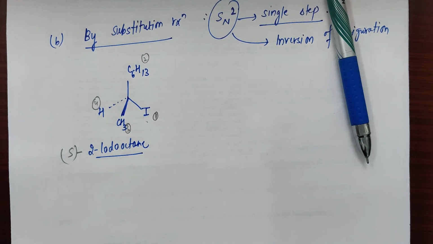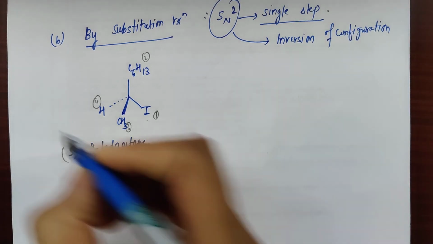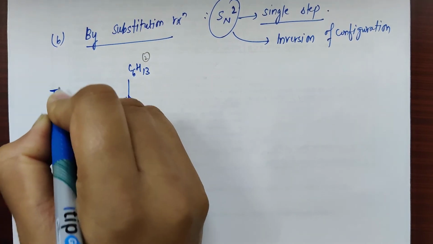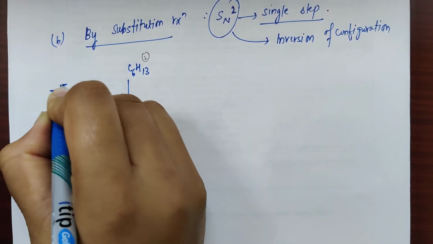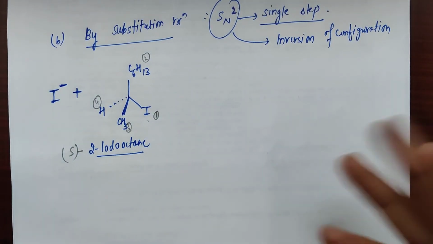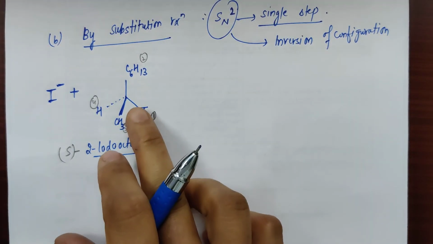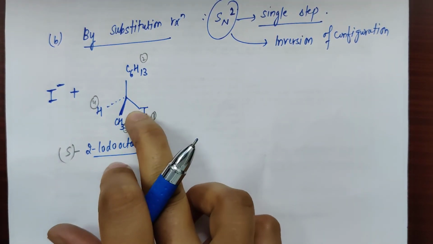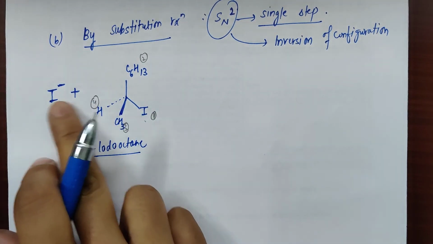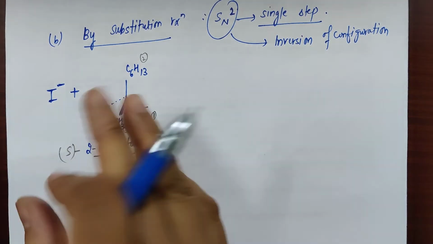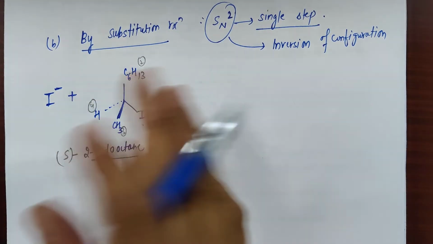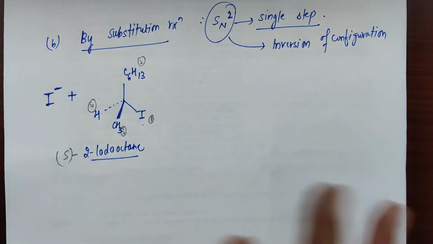Now what happens if in the reaction mixture you have iodide ion, let's say I negative, present in the solution? So a continuous substitution reaction will be taking place. This iodide group will be removed and this will be added. Again, addition, removal, addition will be taking place continuously.